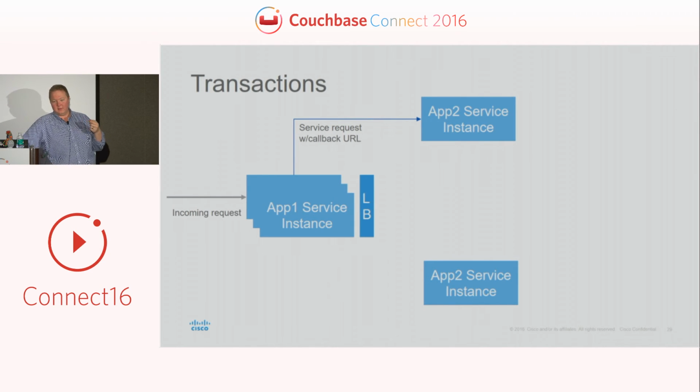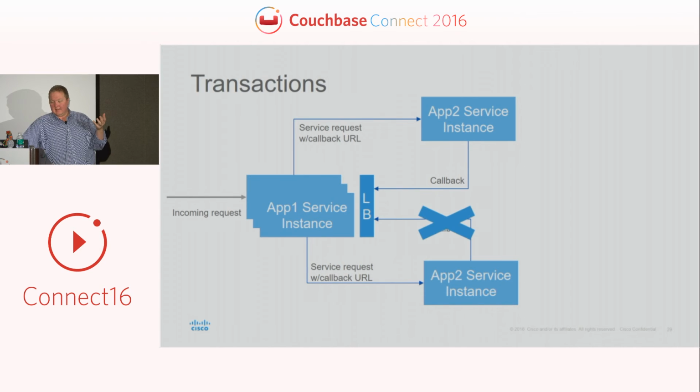You make a service request to another tier, and you do the common design pattern of giving a callback URL, so you don't have to hold open the connection while it's processing. The other application does a callback, and you don't actually know what instance that's going to go to. You call another service somewhere else in your network with a callback URL, and this time the callback fails for whatever reason. That node goes down, and you lose it.